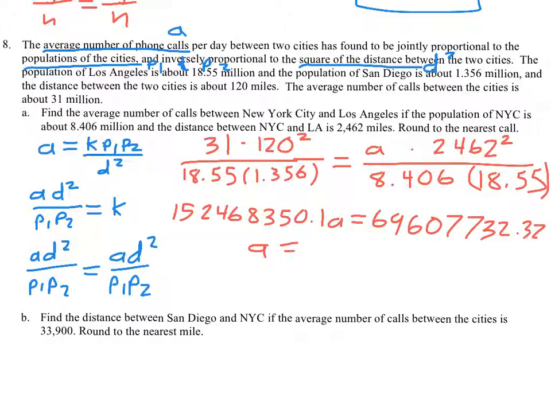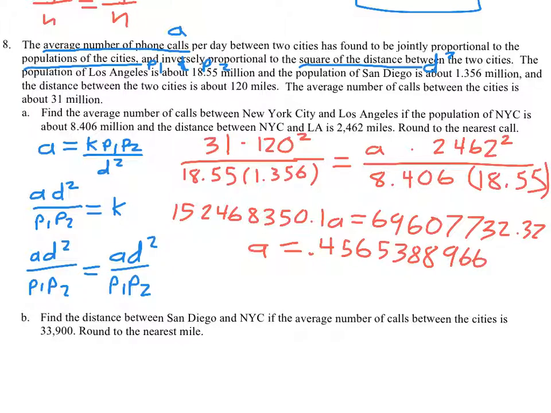We divide by the number in front of A. We get 0.4565388966.